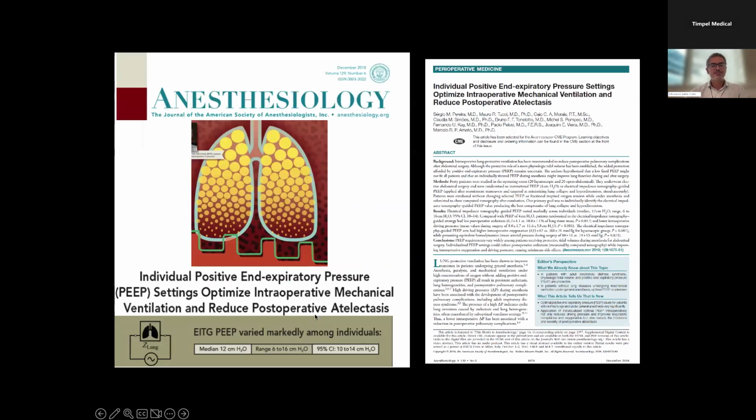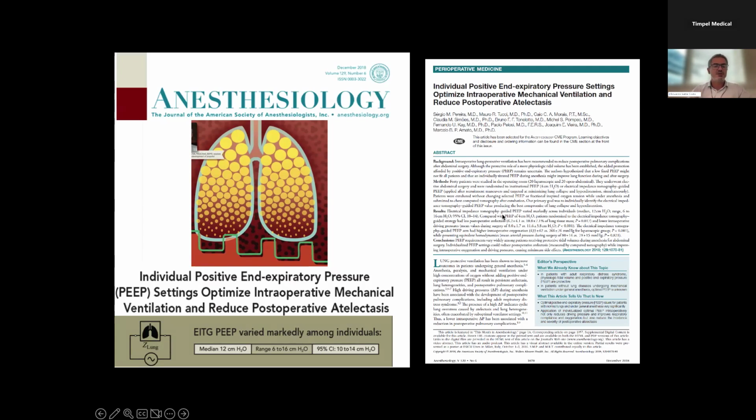This tool has been used in several different scenarios, both experimentally and also in patients clinically. This is a nice paper that used the estimation of collapse in surgery, in patients undergoing abdominal surgery, to try to individualize the PEEP selection inside the OR during the surgery. This is a small randomized study of around 40 patients.